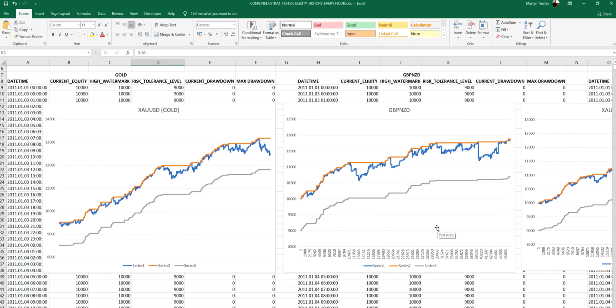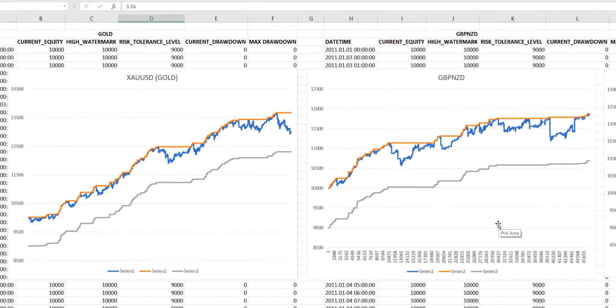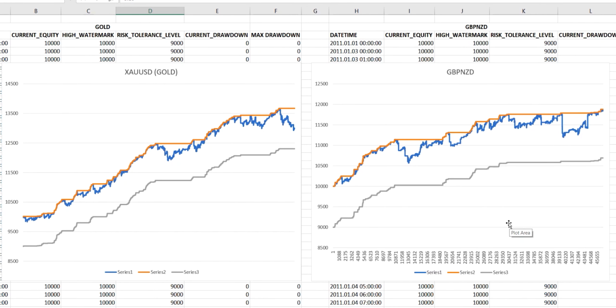So here I've got the results from 2 back tests, one from gold and one from the pound versus New Zealand dollar. And just to remind you of the format of these charts, the blue line you see in the middle is the equity curve. The orange line at the top is the high watermark, so every time the equity makes a new high, that watermark rises.